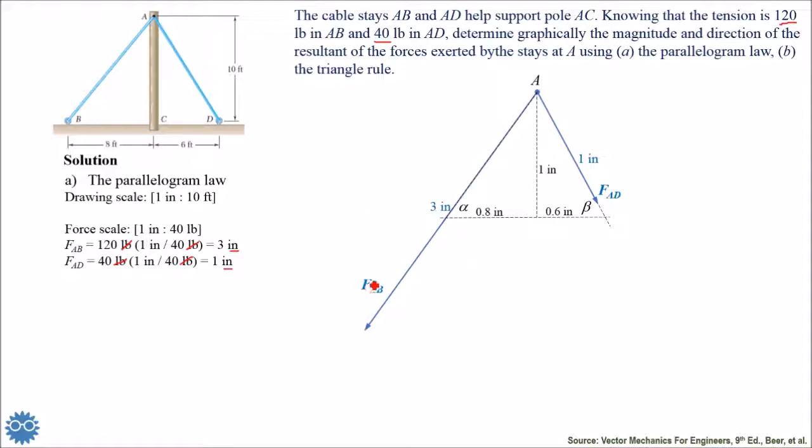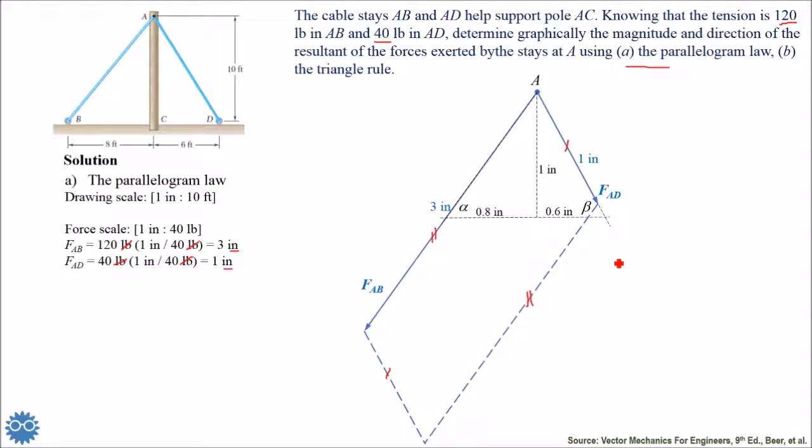Now we start using the parallelogram law by drawing parallel lines to each vector here. First we draw a line parallel to this line exactly, and then we draw this line which is parallel to this one.